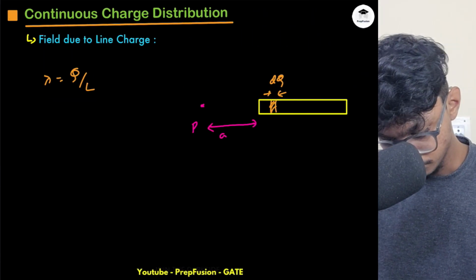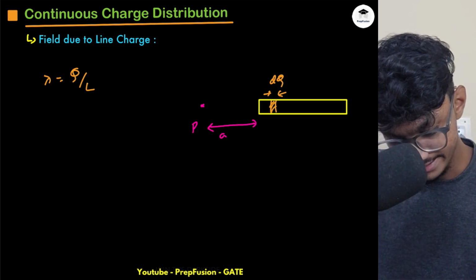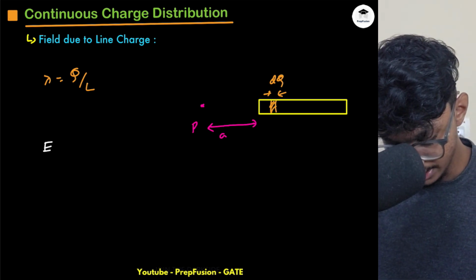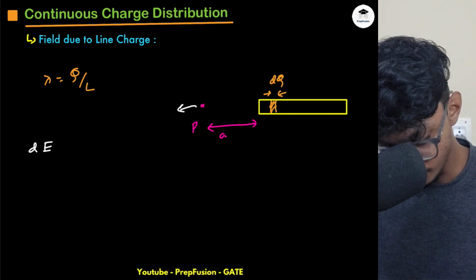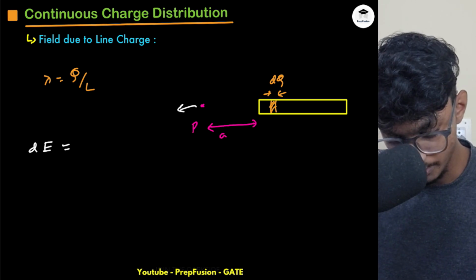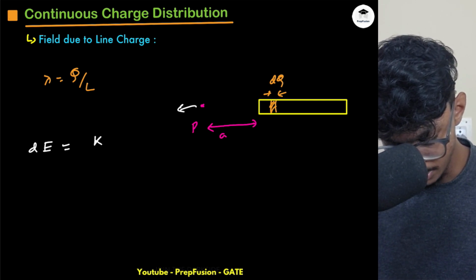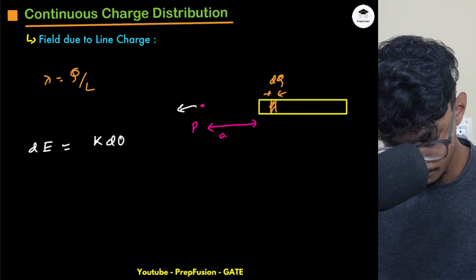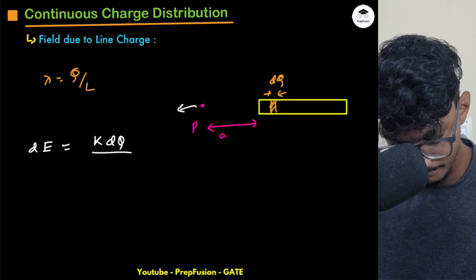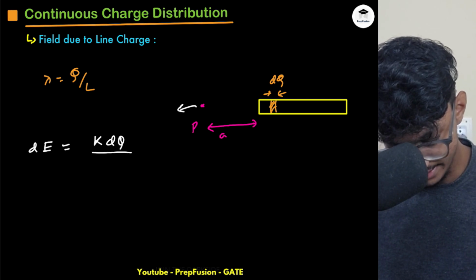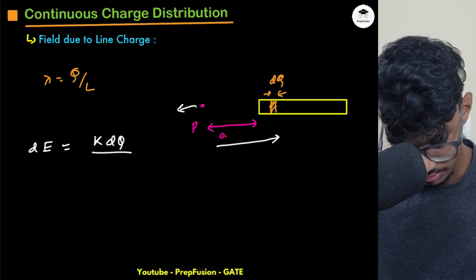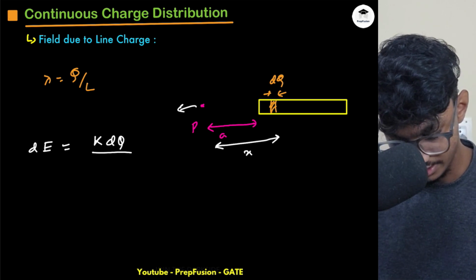So what I can say is the electric field dE due to this point charge, I'm just concerned with the magnitude, will be K dq by x square, where this distance x is varying.